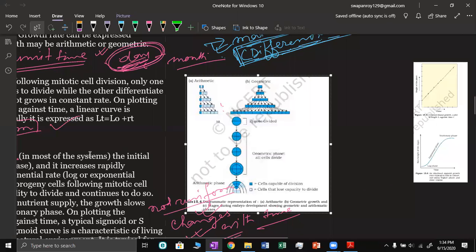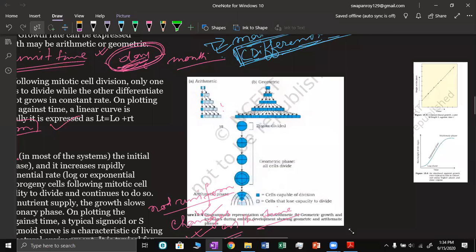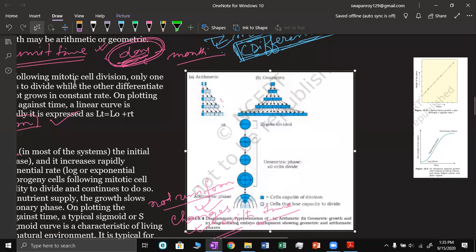Here is the arithmetic growth. Actually what happened in the root meristematic zone? The meristematic cell, say one cell is there, this will divide into two cells. One will retain the capacity of division, the other one will differentiate.